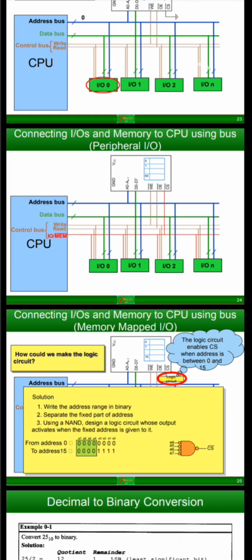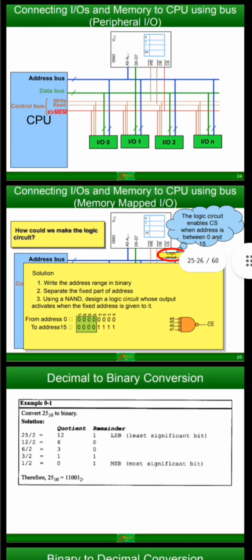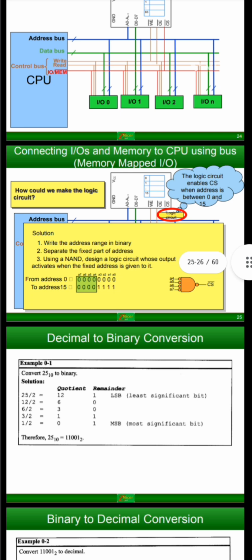We see that if the topmost address line is 0, and the other address lines are 0 and the last address line is 15, then we can say that the 1111 bits refer to F. Now we have the decimal to binary conversion.